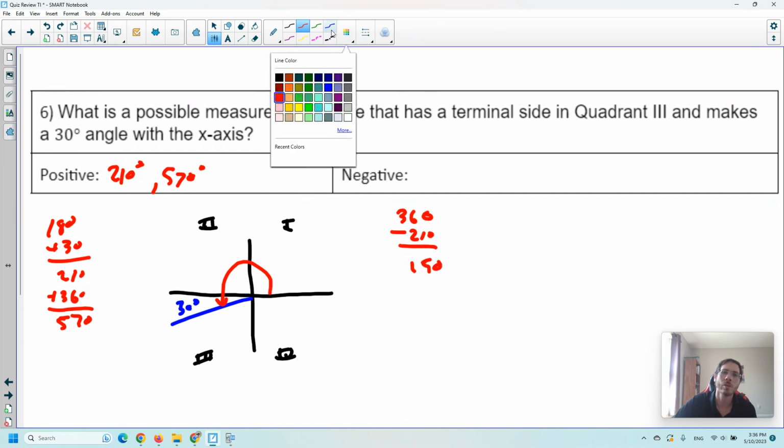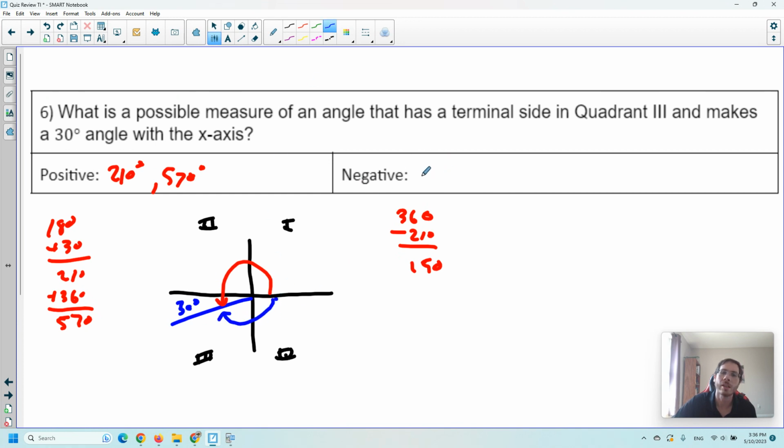And then I would know that my negative angle, if I were to go around this way, would be negative 150. And again, if I want, I can add 360 to that to get the next negative angle for 510. So I could keep going if I really wanted to. I don't, so I'm not going to. So that's what we got.